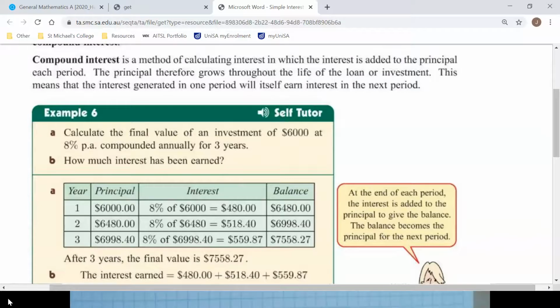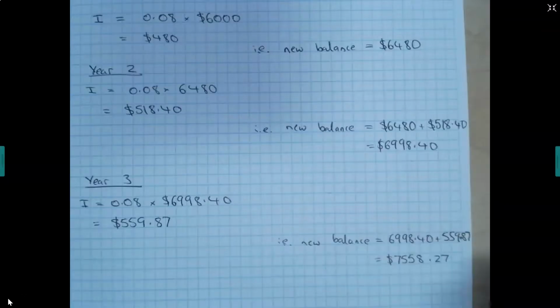And that comes out as 7,558.27. So our final balance after 3 years is that amount.